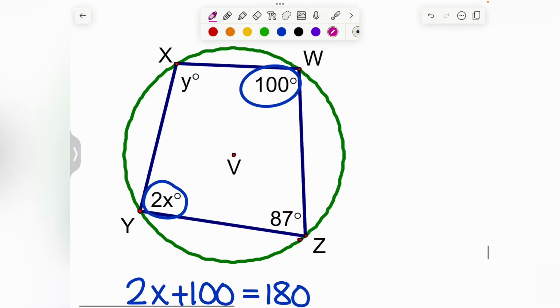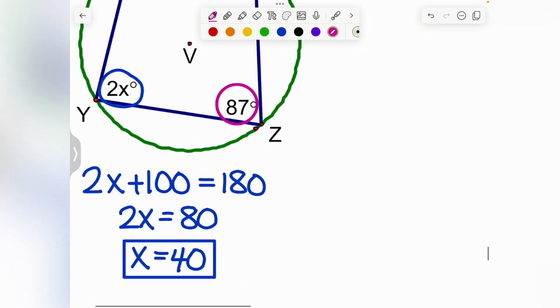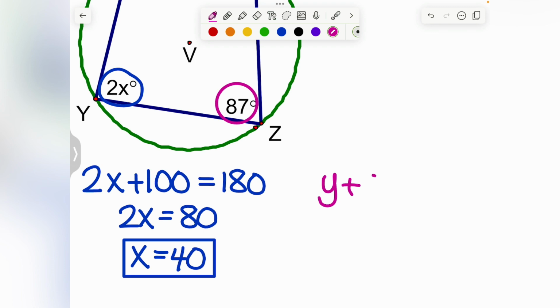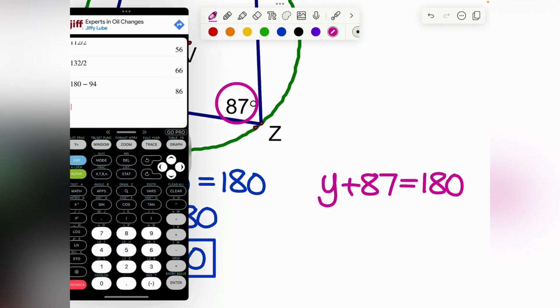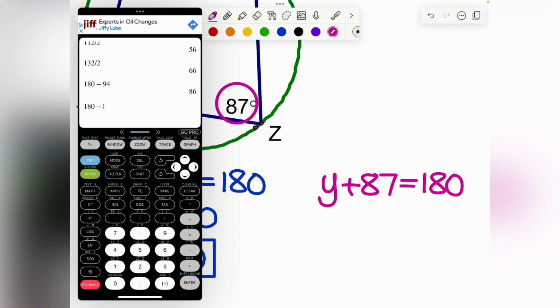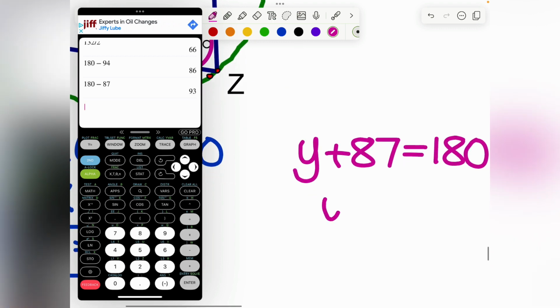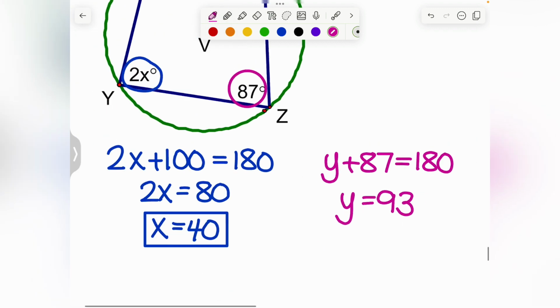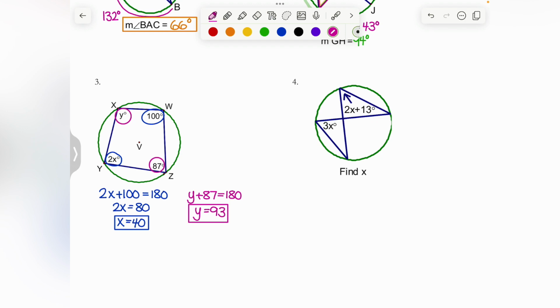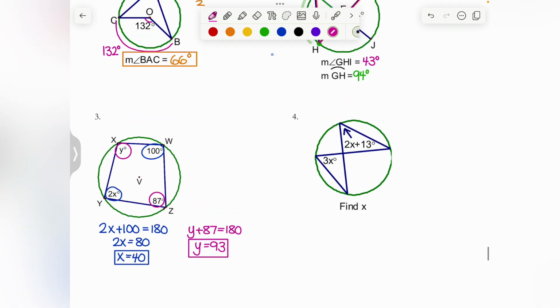And for this one, we have y plus 87 equals 180. I think we can all do this in our head, I just like to show my work. It is going to be 93 for y. So you guys can see what I'm typing into the calculator so that there's no confusion at all.